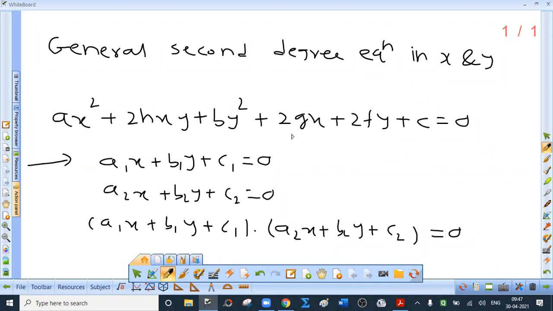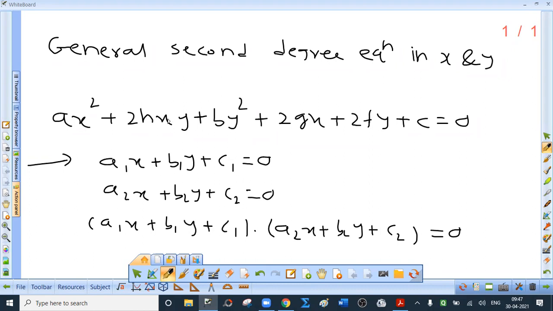So the conclusion is that the joint equation of a pair of lines is a general second degree equation in x and y, which is usually taken as this one. But every general second degree equation in x and y will not represent a pair of lines.